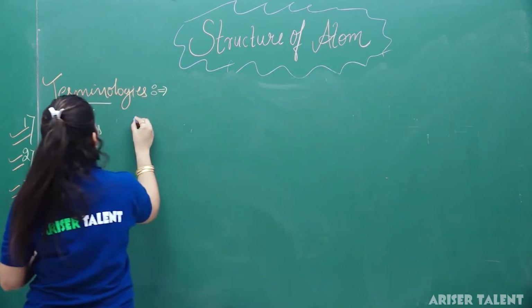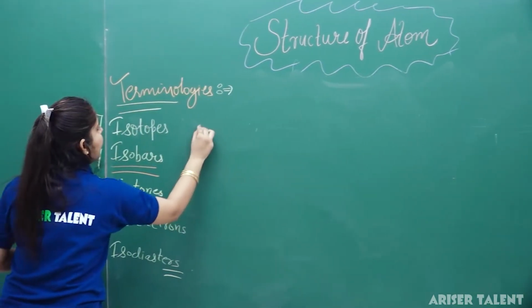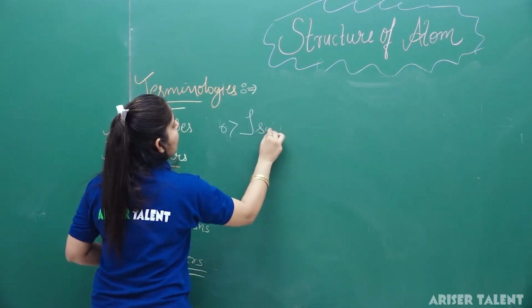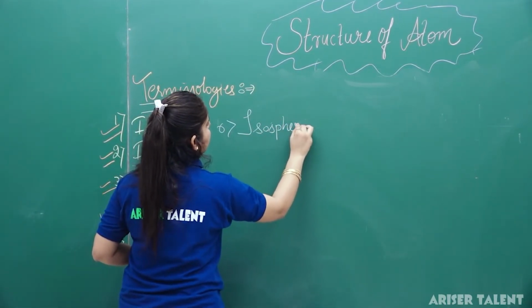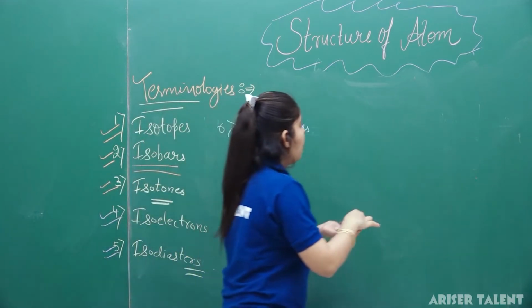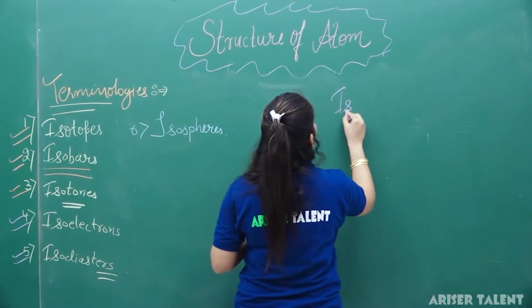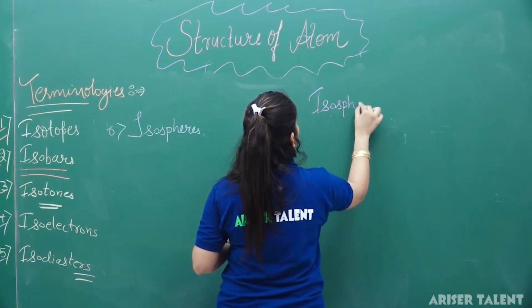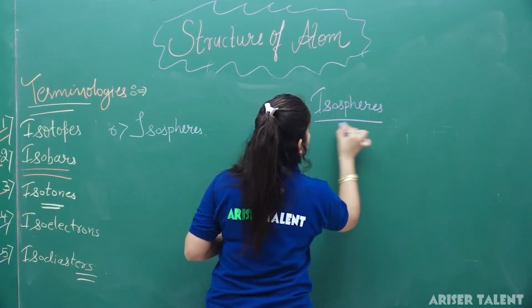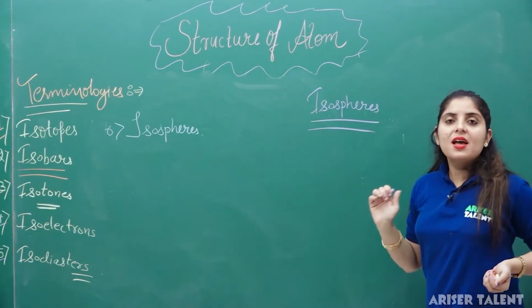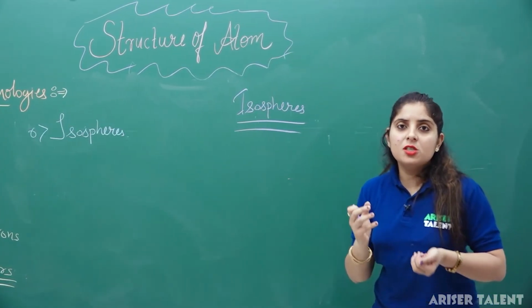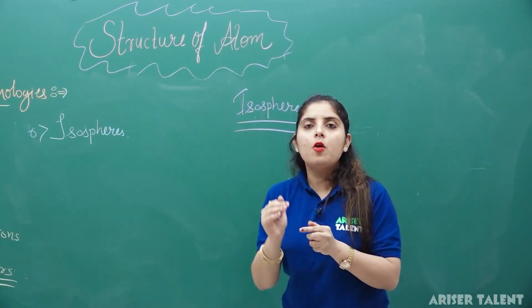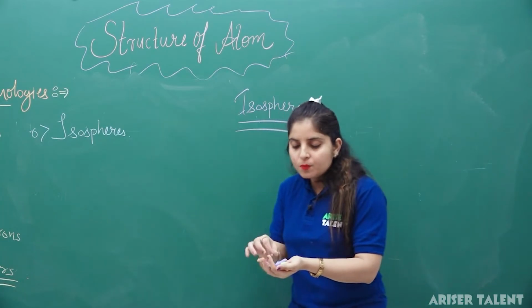So we have our sixth term, that is isospheres. Now we are going to discuss what actually the isospheres are. Isospheres are those elements or species which have the value of n minus p equal to 0.